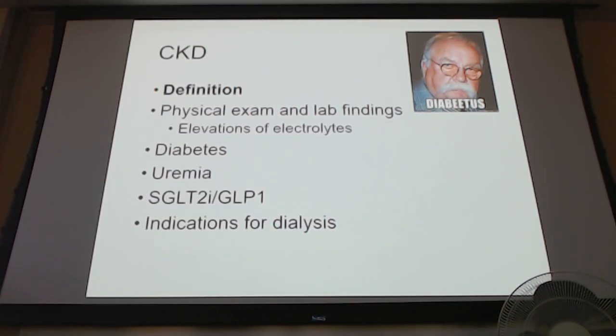Right, it's an ACE inhibitor. So if it's a medication that is old, it's been around for a while, it's in common use, then you may see the actual name of the medication. But if it's an SGLT2 or GLP-1, it's just going to say SGLT2 or GLP-1. You don't have to remember which is which, what's what.